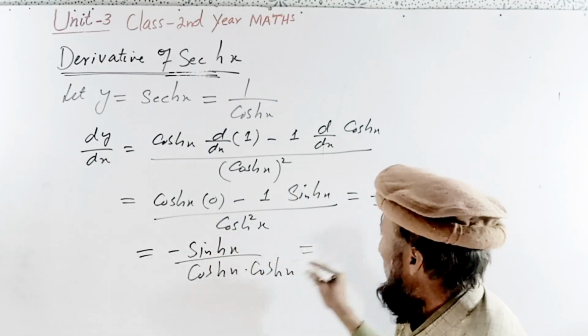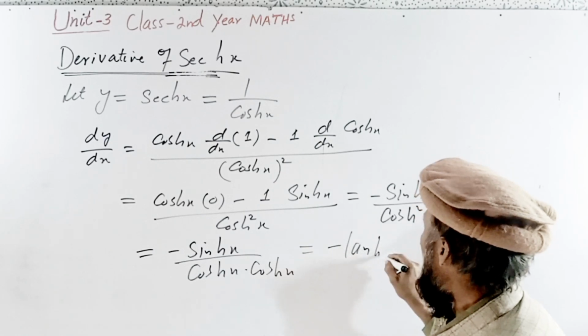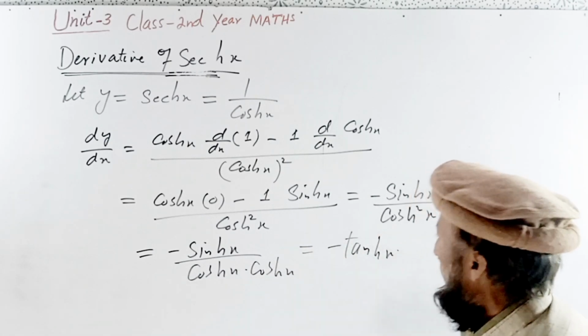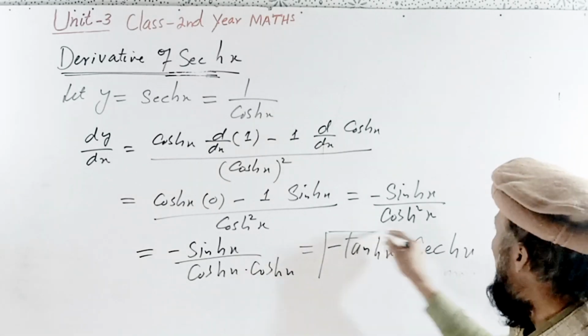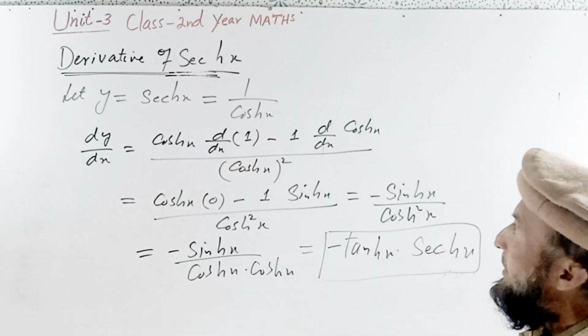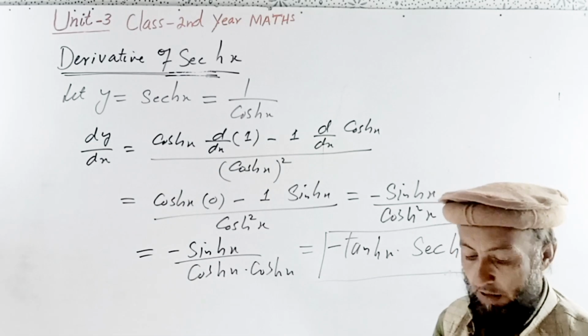This result is equal to minus tangent hyperbolic x times secant hyperbolic x, since 1 over cos is secant hyperbolic x. That is the required proof of the derivative of secant hyperbolic x.